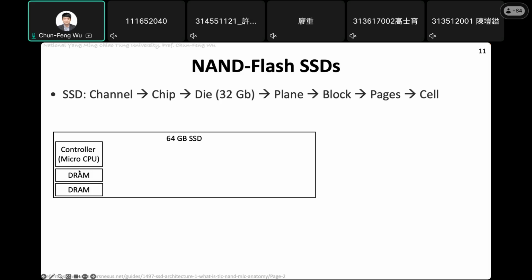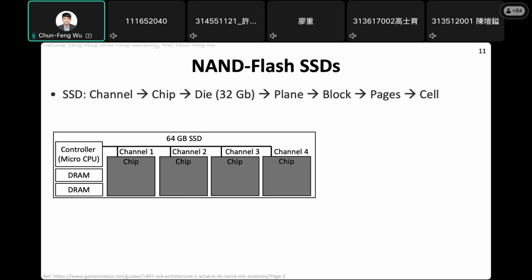Usually the DRAM inside an SSD is quite large because the SSD needs to store the mapping table in its DRAM. If you have, for example, a 1 terabyte SSD, then you will need at least 1 gigabyte of DRAM. So the larger the SSD capacity is, the more DRAM you will need to store the mapping table. We will talk about the mapping table later.